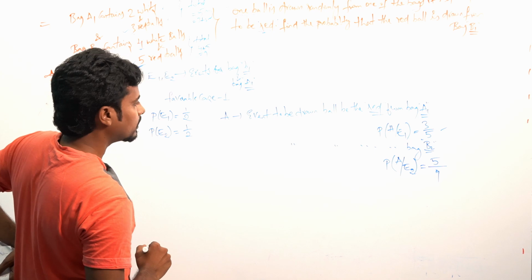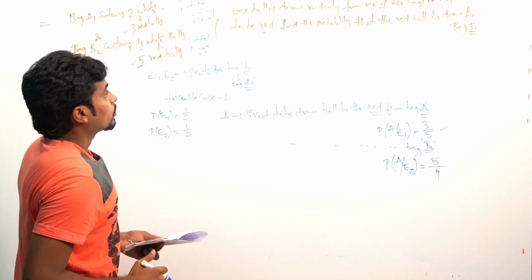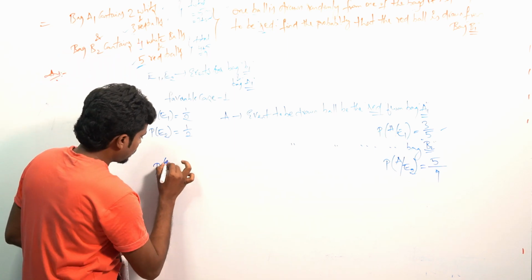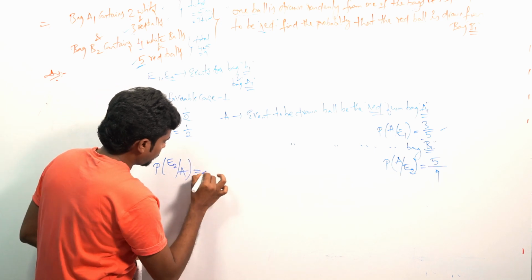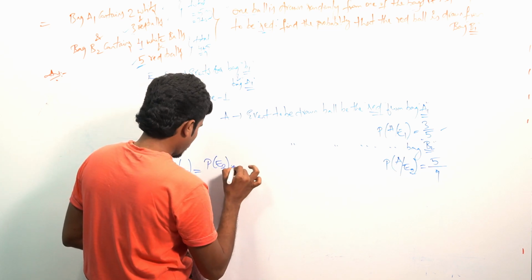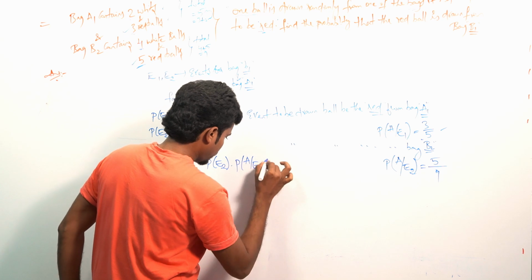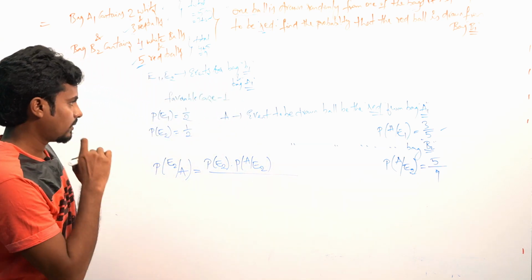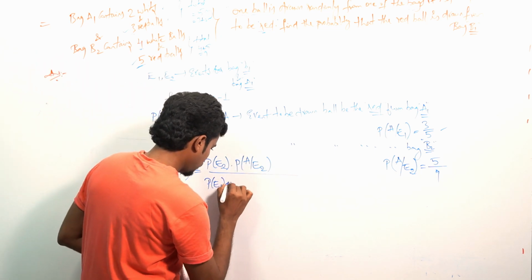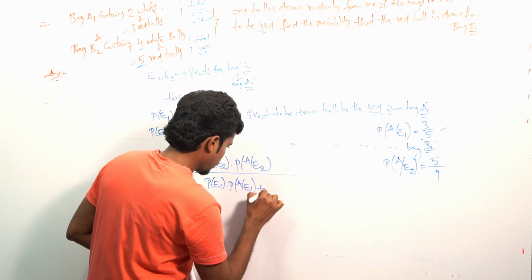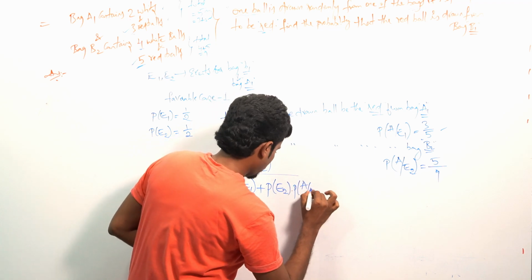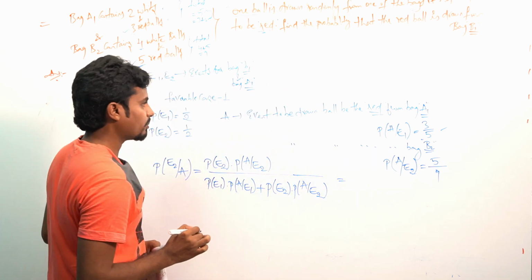Now we can apply the Bayes theorem. The probability that the red ball is drawn from the bag B1 is P of E2 given A, which equals P of E2 into P of A given E2, divided by P of E1 into P of A given E1 plus P of E2 into P of A given E2.